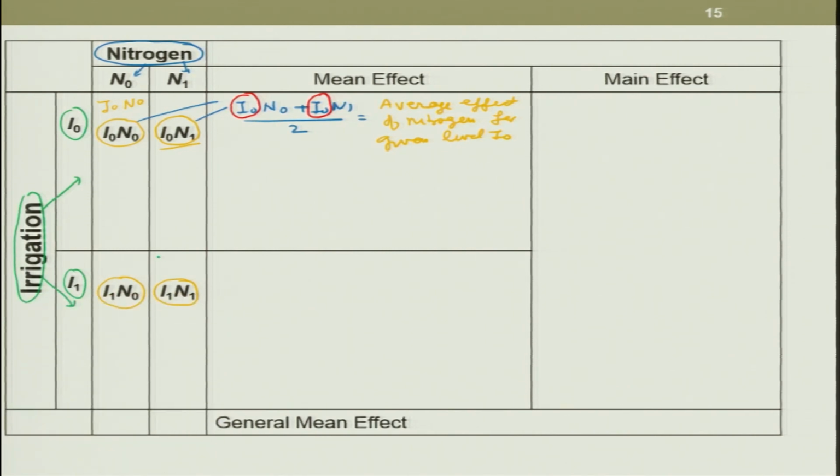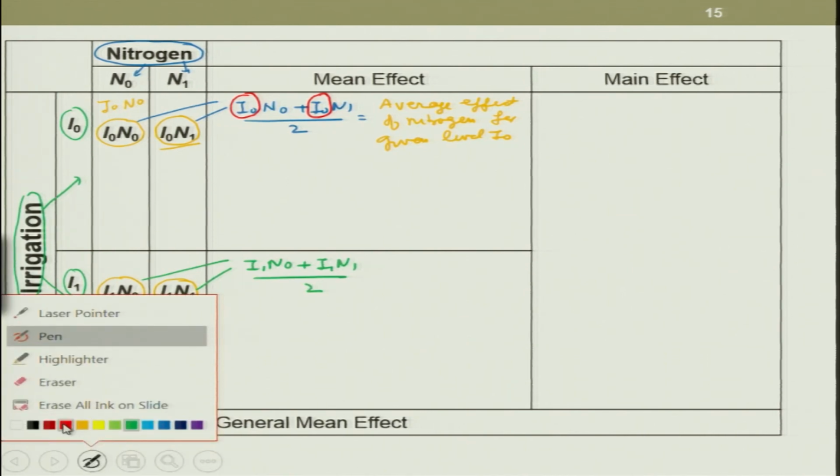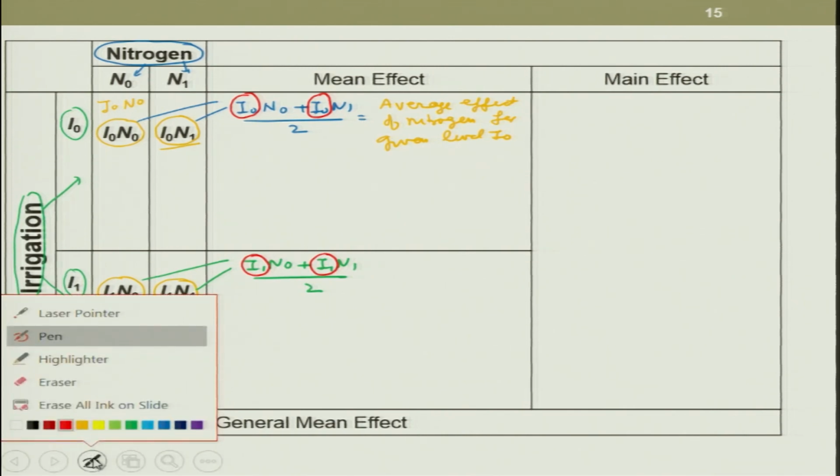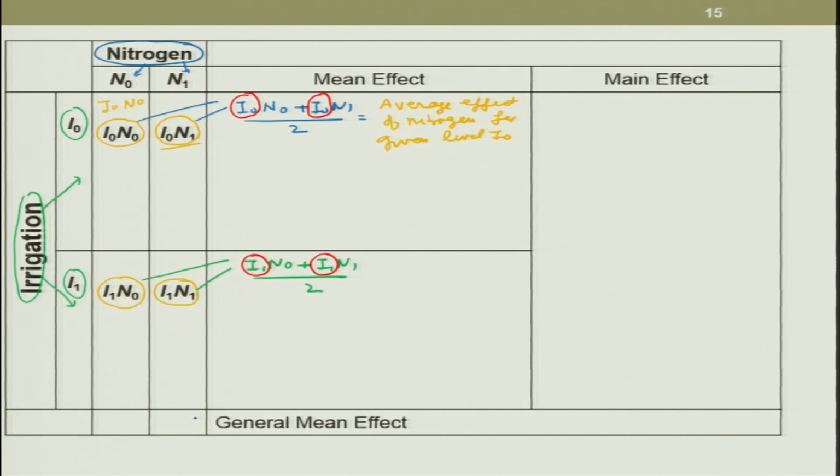And similarly, if you take the arithmetic mean of I1 N0 and I1 N1 like this, do not you see that in both of these expressions I1 is constant, both are the same, or their level has been fixed.